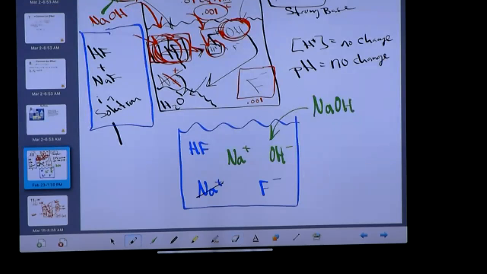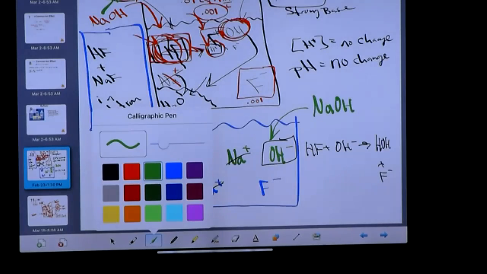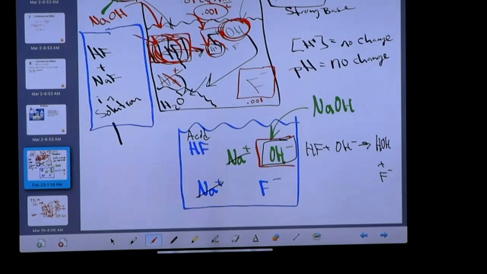First, I'm going to get rid of these because they don't really matter, right? This is an acid, right? What do acids do to bases? They neutralize. So HF plus OH minus makes water and F minus. Are you okay with that? Okay, so in this solution, we have something that will react with any OH that is added, and that would be the HF. Are you sort of okay with that?